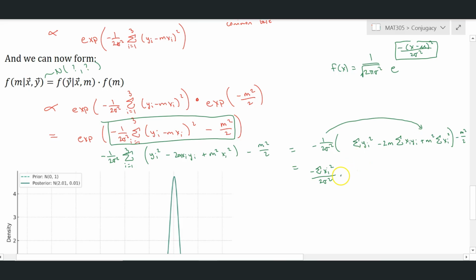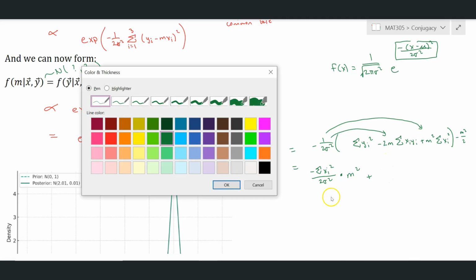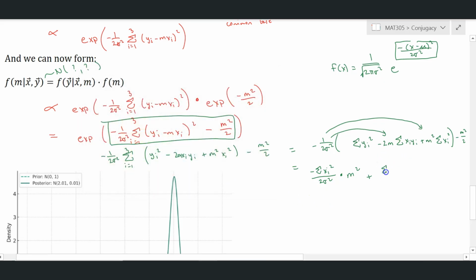Then I will write the distribution across to the second term, which will give me plus, not 1, but the sum of xi yi over, now the negative 2s will cancel, so we'll be left with times m here, and just over sigma squared.